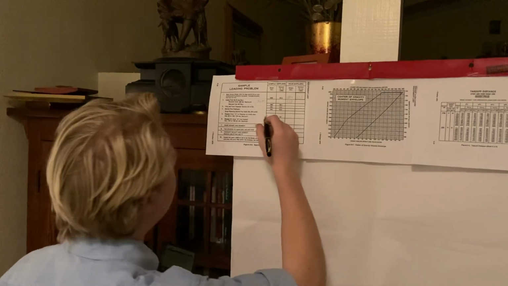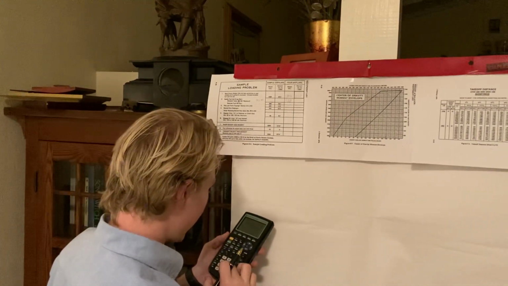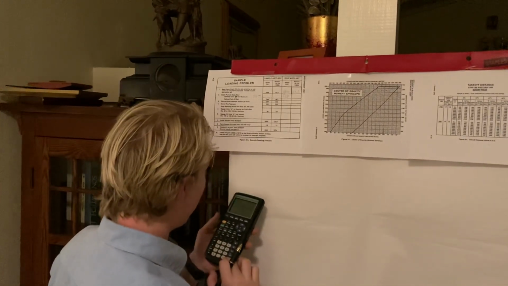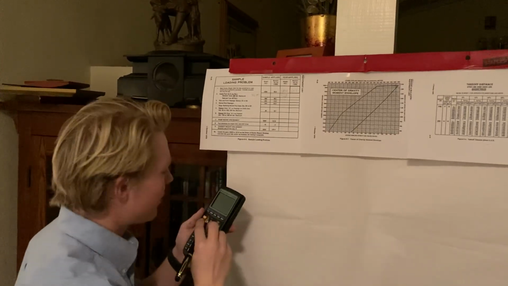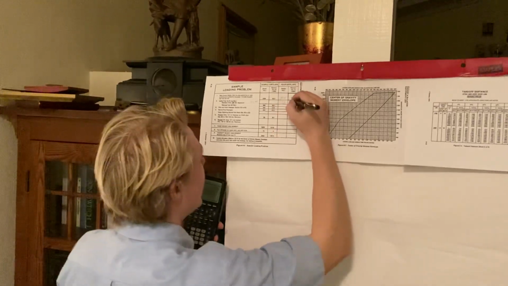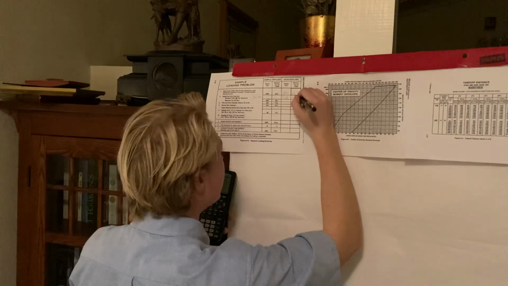Then we multiply the weight by the arm to get the moment. So 528 times 46.41 is equal to 24,504, but because this is in thousands, we're gonna put 24.5.